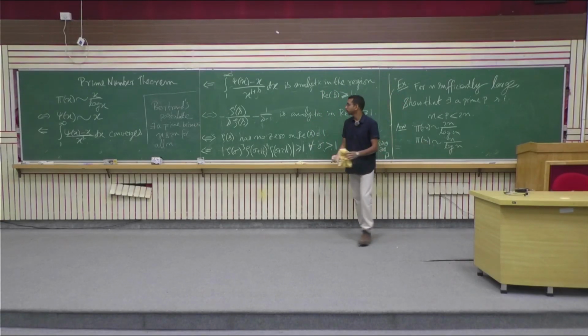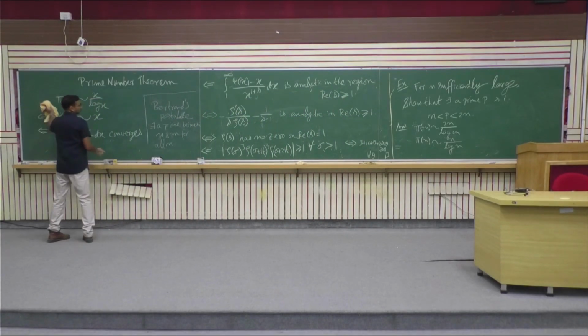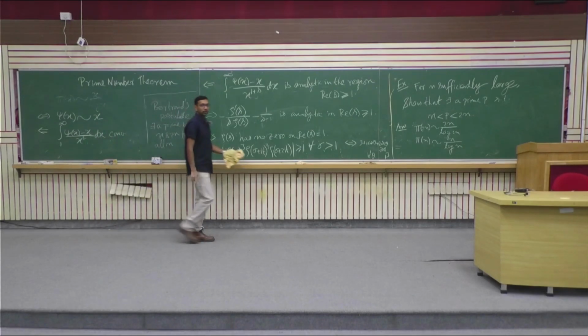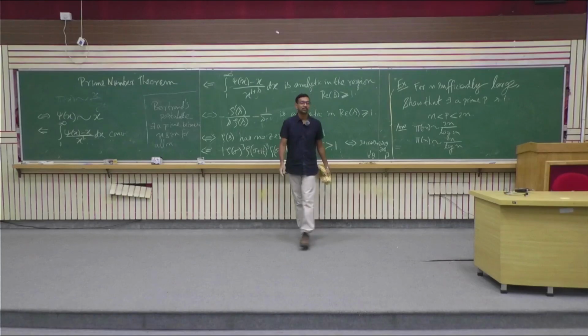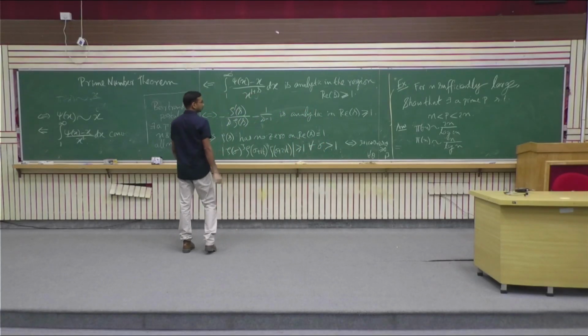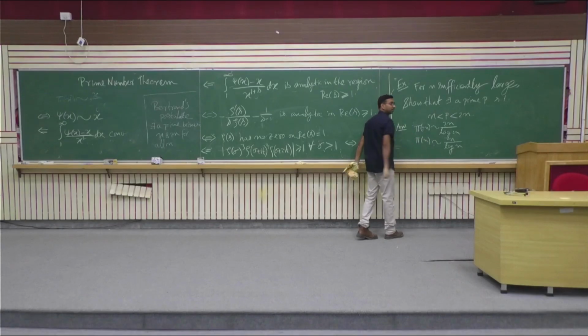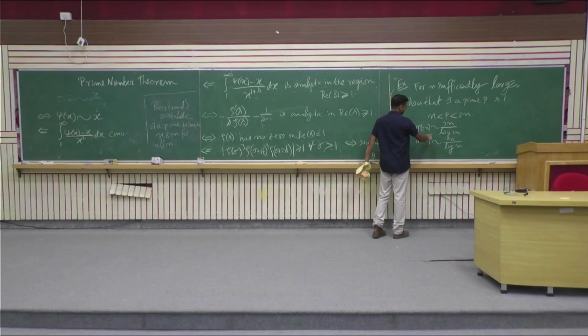What does asymptotic to mean? I mean, this symbol, what does it mean? Yes, pi of n is of course big O of this, and what more? That is, pi of n is big O of this means that it is less than or equal to some constant times this, right?